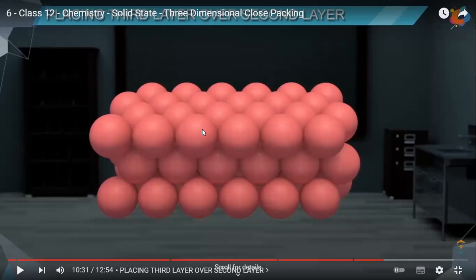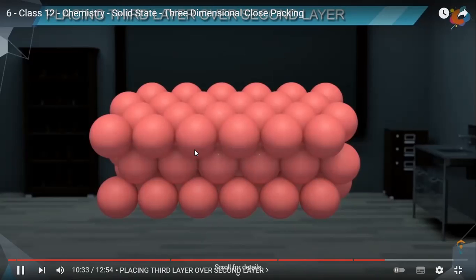What is the name of this arrangement? Is it HCP or the CCP? It will form HCP structure.